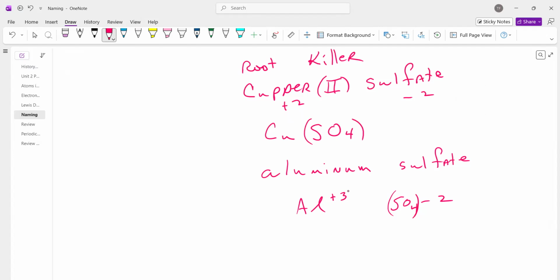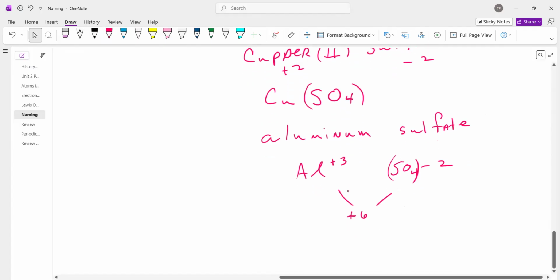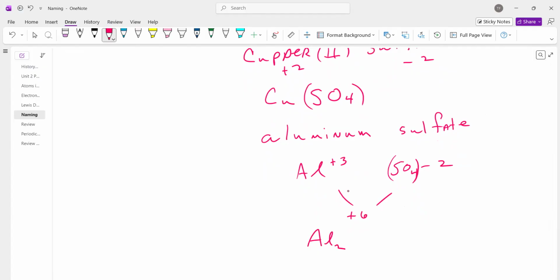Remember when we balanced equations, what do we do? We need a common denominator, like we're adding fractions. What's that? 6. So these are going to be related to 6. So how many 3's are in 6? And how many 2's are in 6?